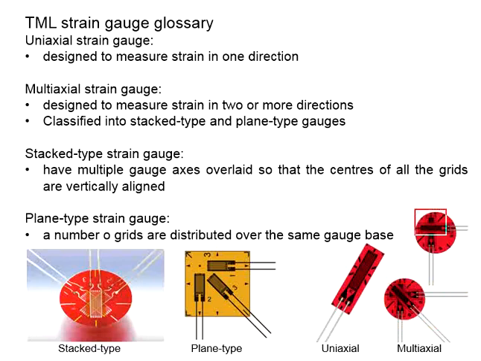Now you have 2 strain gauges as one piece, and here you have 3 strain gauges in one piece. For this multi-axial strain gauge, you are measuring the strain in perpendicular directions. As for this one, you are measuring the strain in the horizontal, vertical, and diagonal directions.